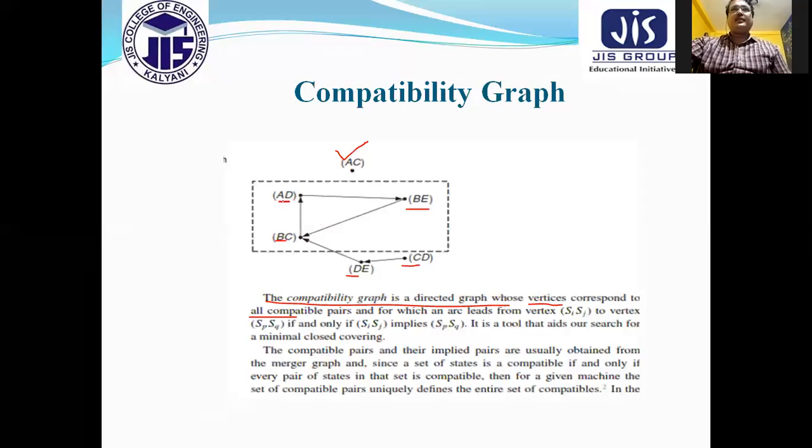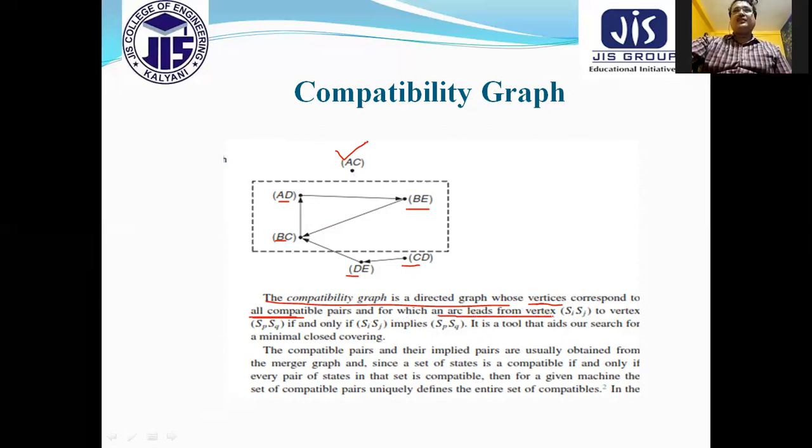So we have to write all the pairs. The first task is done: the vertices are all compatible pairs like AC, AD, BC, DE, CD, and BE, which we have written.